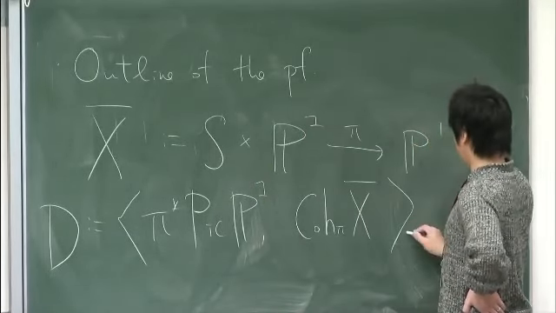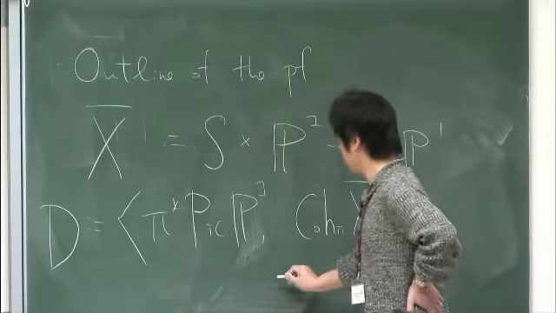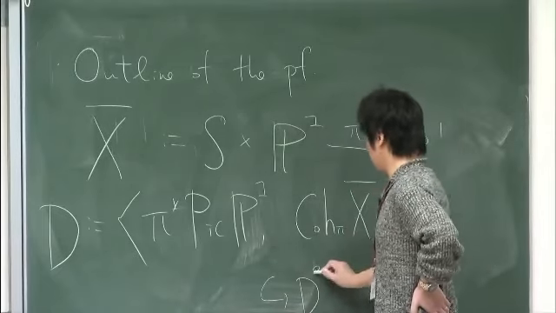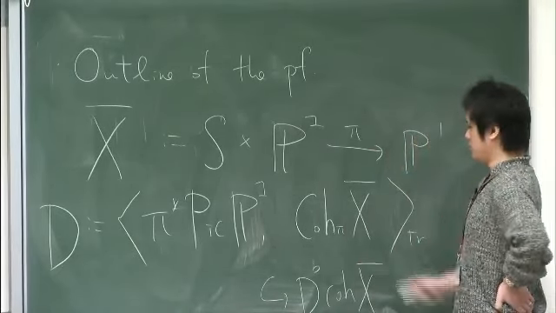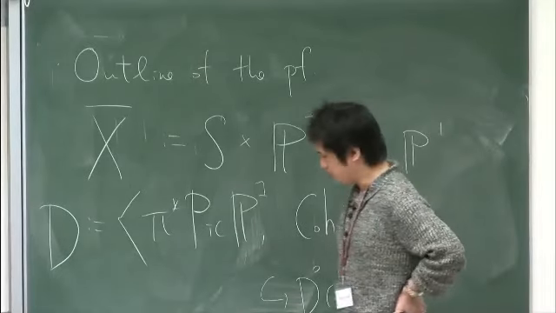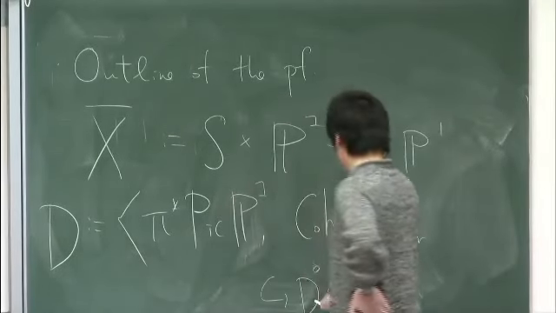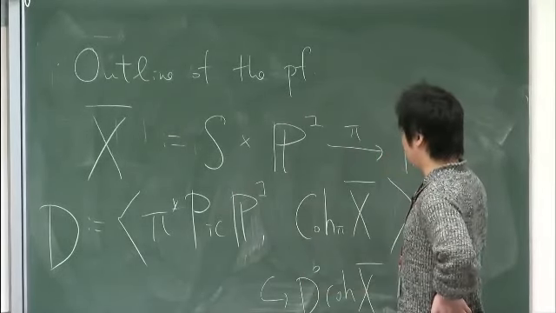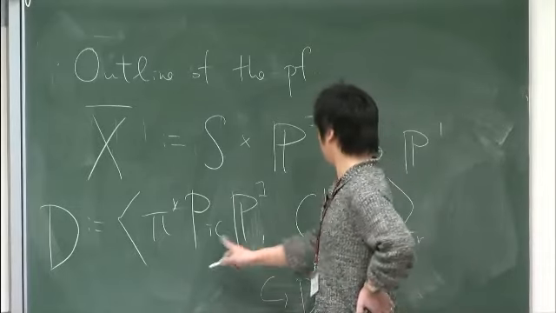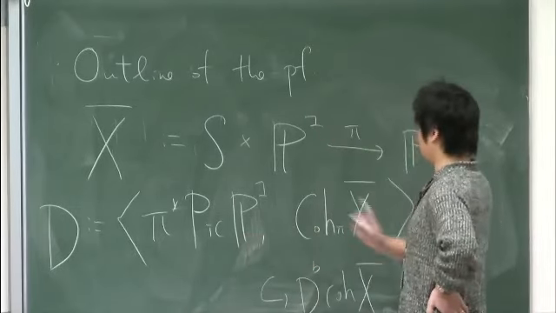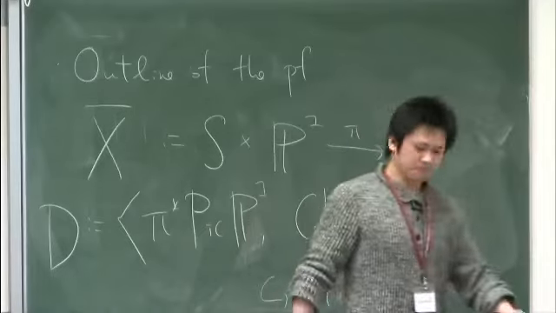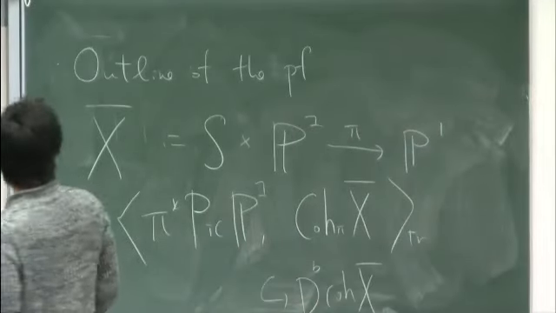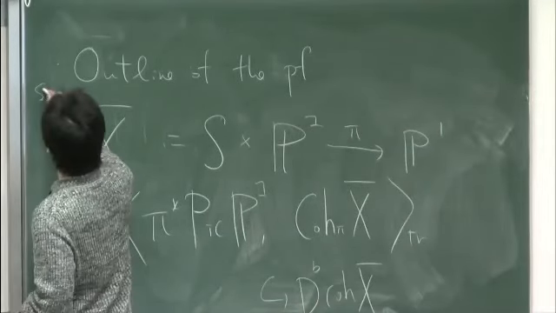So this is the smallest triangulated category of the derived category of X bar that includes these objects. Studying this smaller category makes the argument easier. Okay, so this is step 1.